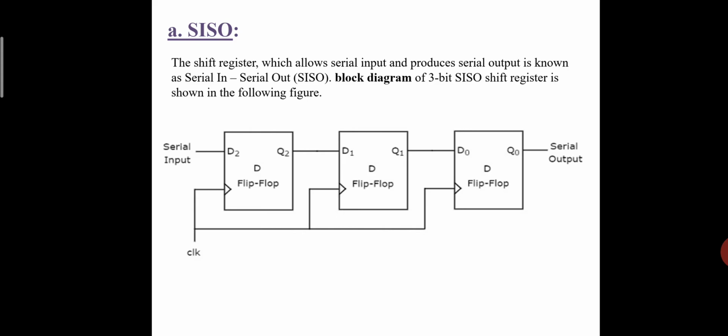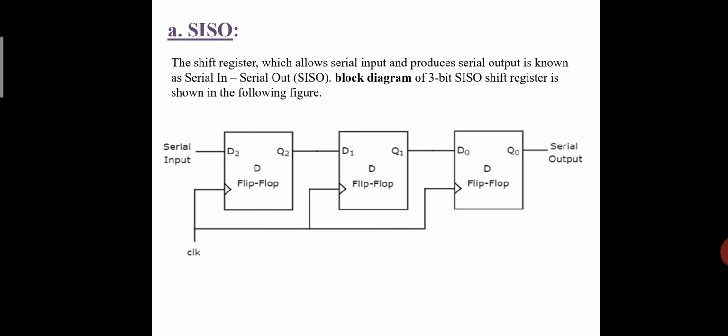The first class of shift register is serial in, serial out. A shift register which allows a serial input and produces a serial output is known as serial in serial out. This is the block diagram of a SISO shift register, which has 3 D flip flops. Here D0, D1 and D2 are the inputs for the 3 different D flip flops. All these flip flops are fed with a single clock pulse, that means they share one single clock pulse.